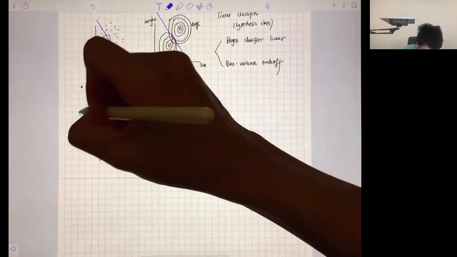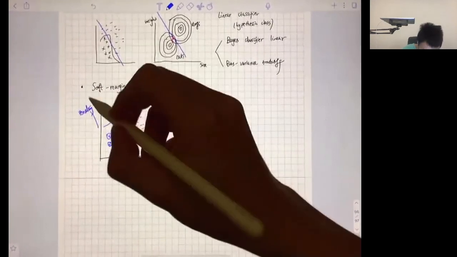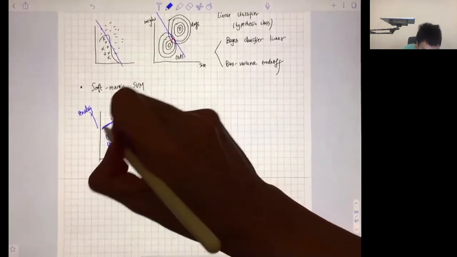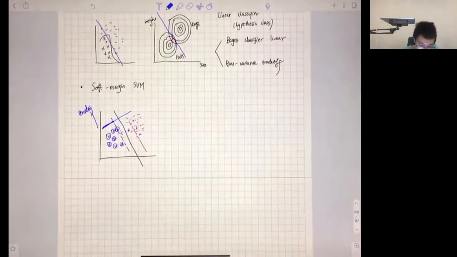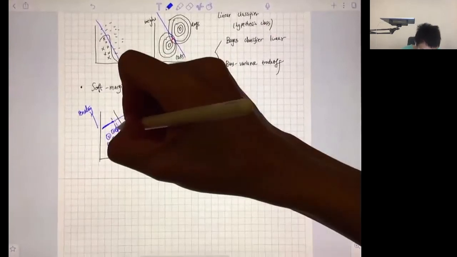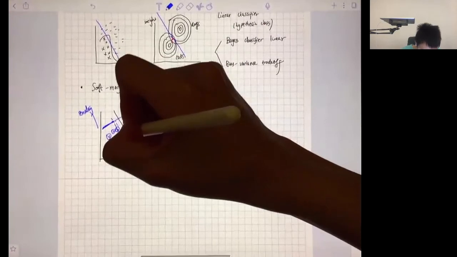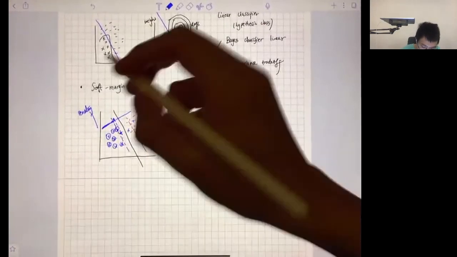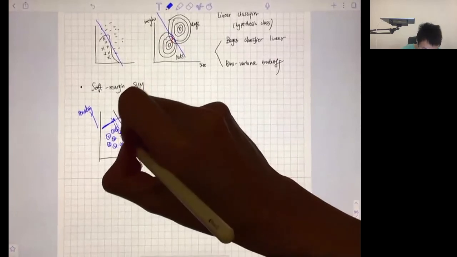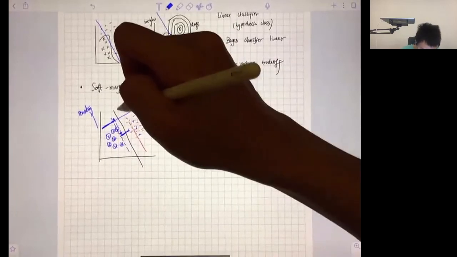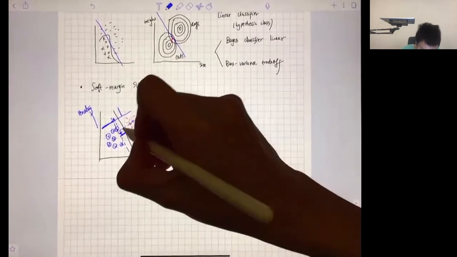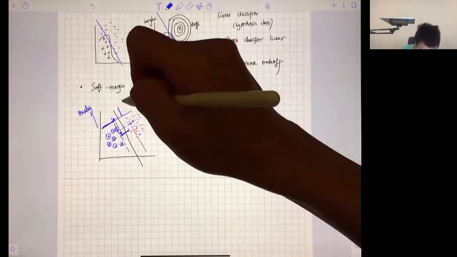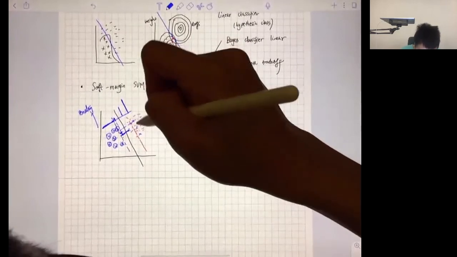For these samples, you are good. But if you have a sample here, then you intrude the margin by that much, so you will have a penalty of this. If you intrude by that much, you will have a penalty of this, and if you have samples like this, then you have a penalty like this.